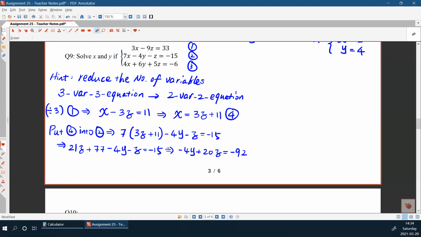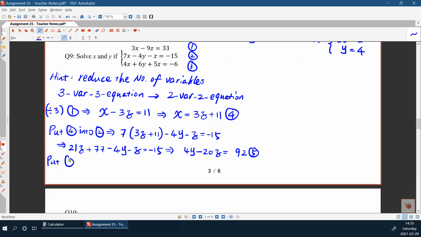Okay, so usually we can write it like this. This looks much neater, right? 4y minus 20z equals 92.